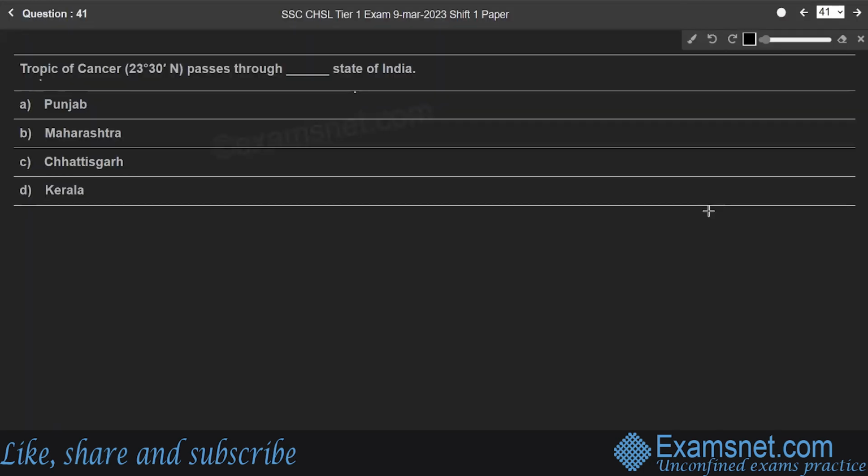Question 41. Tropic of Cancer, 23 degree 30 minute N passes through dash state of India. So what is the Tropic of Cancer here? The Tropic of Cancer is an imaginary line of latitude that circles the Earth at approximately 23.5 degrees north of the equator.